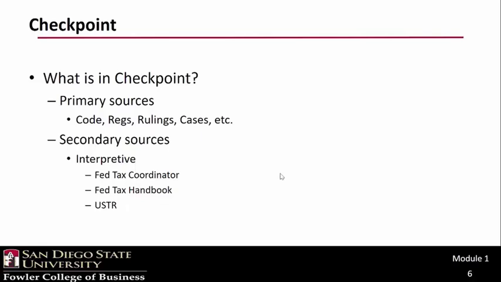And then the other set is secondary sources. These are interpretive sources that are provided by Checkpoint to help us understand what the primary sources are saying. And we'll soon learn that if you've never read the Internal Revenue Code, sometimes you need an interpreter. So the three big interpretive sources are the Fed Tax Coordinator, the Fed Tax Handbook, and the U.S. Tax Reporter. And we'll talk about what's inside of those more when we get back into the software. So let's go there now.